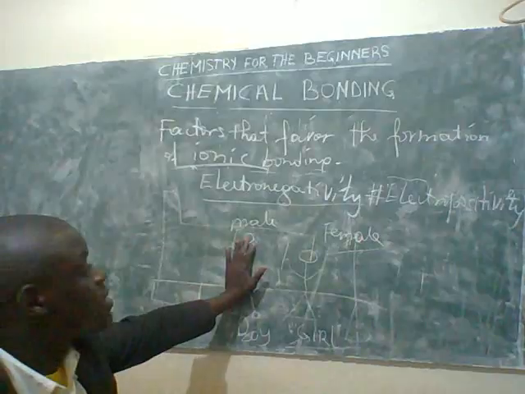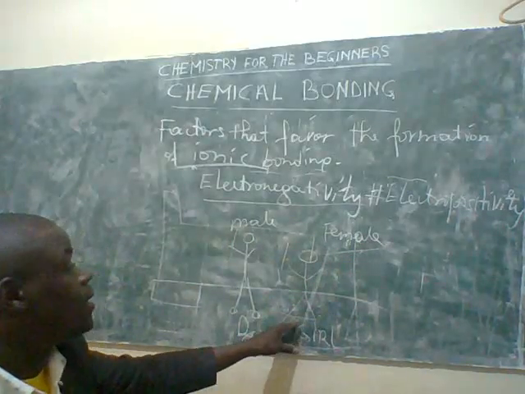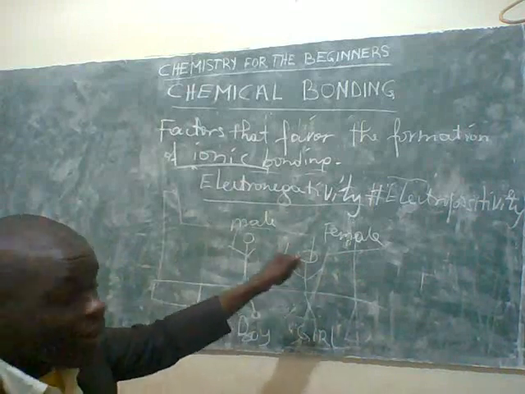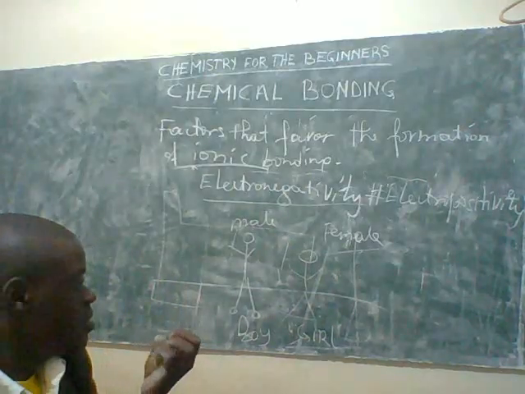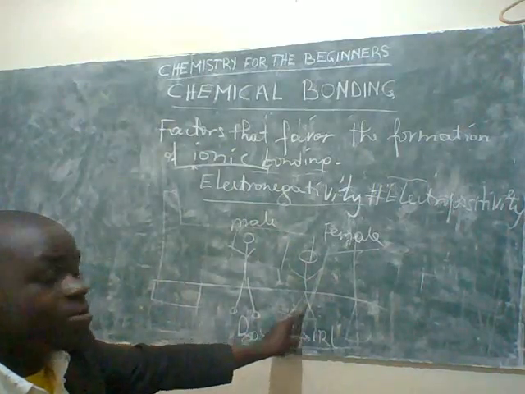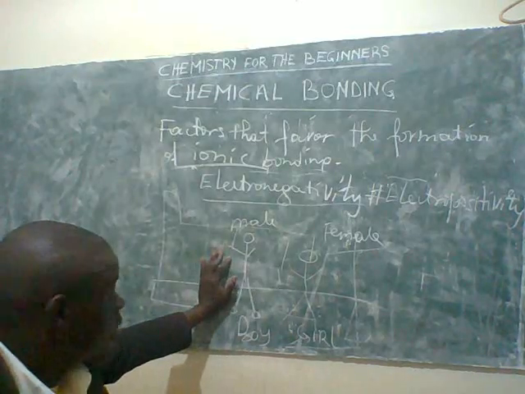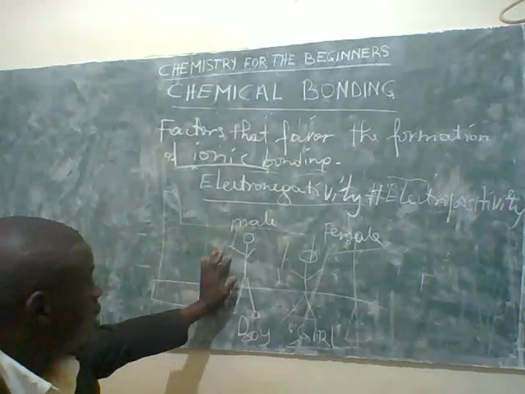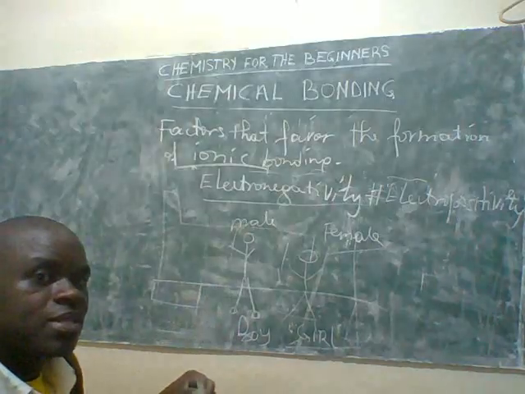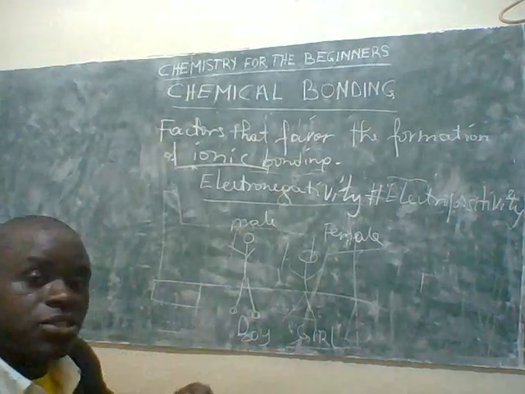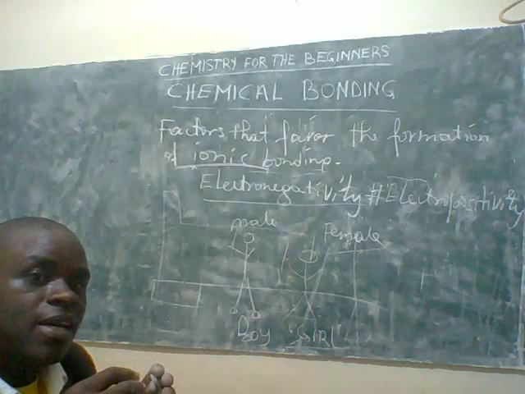A male has some feminine hormones, but they are too low. They are very small compared to the girl. And a girl has some masculine hormones, which means that every person, whether a woman or a man, has some properties of the other.